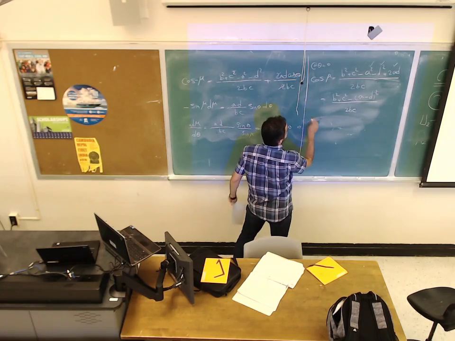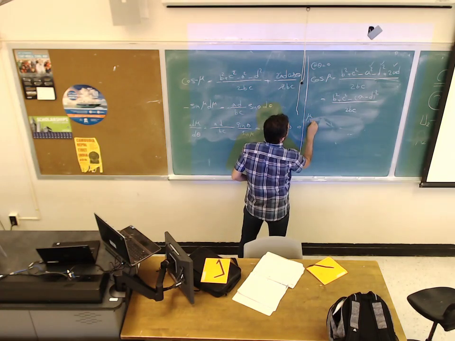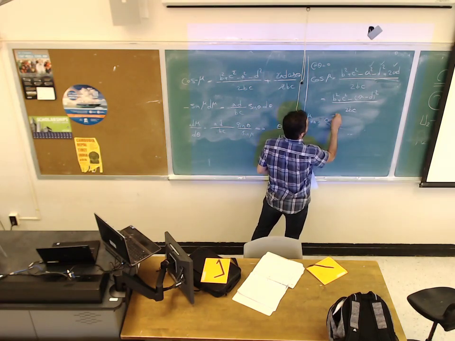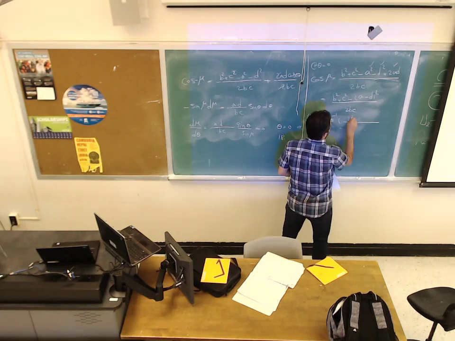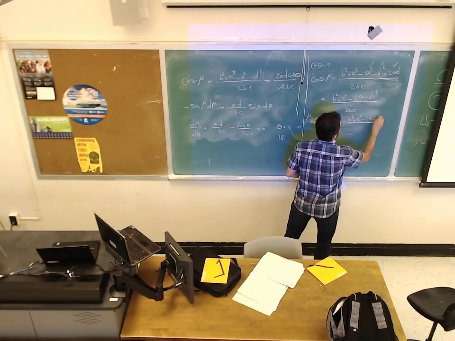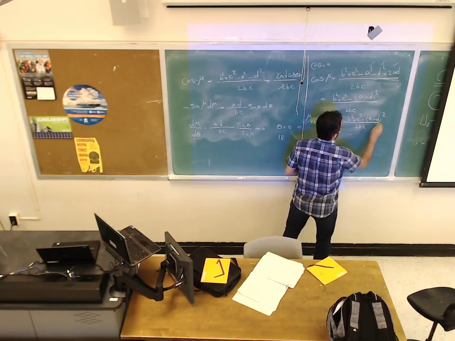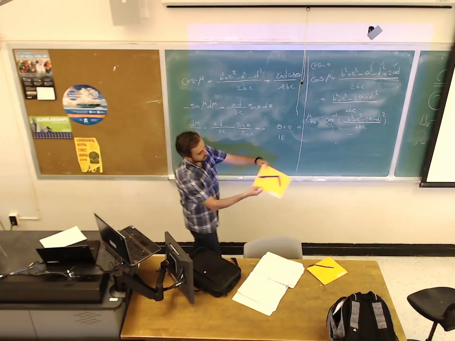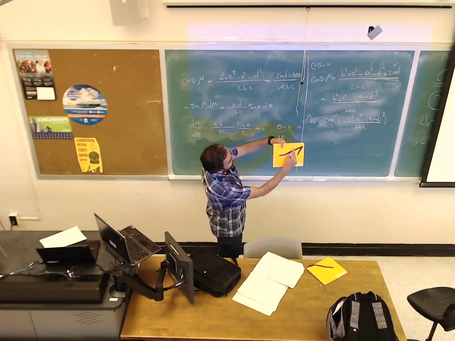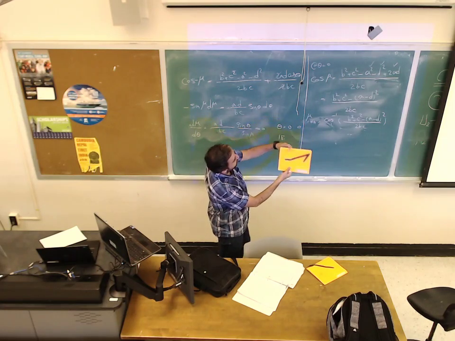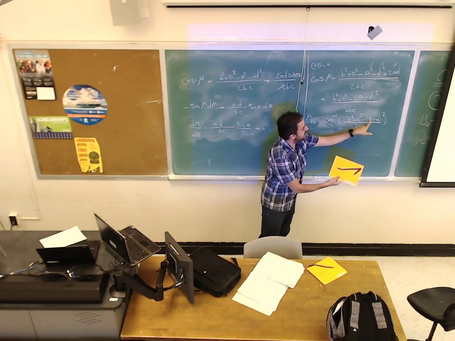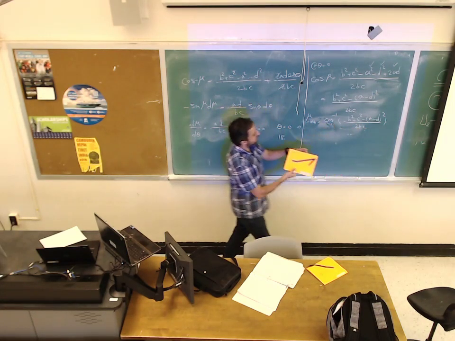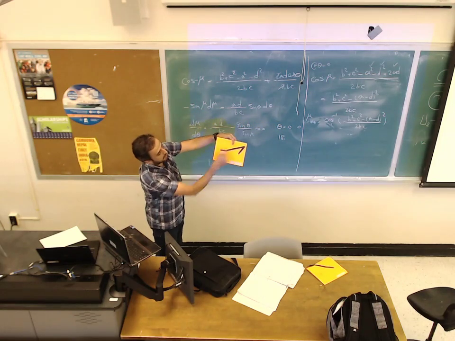So mu min is going to be cosine inverse of b squared plus c squared minus (a minus d) squared over 2bc. So if you want to know the minimum value of the transmission angle, you can just plug in the length of b, length of c, and a, calculate this value, and then do the cosine inverse and get the mu min.